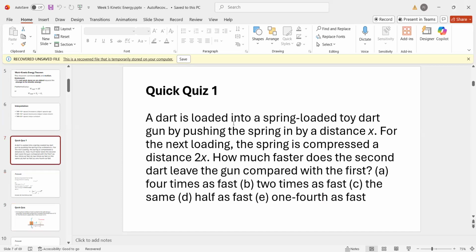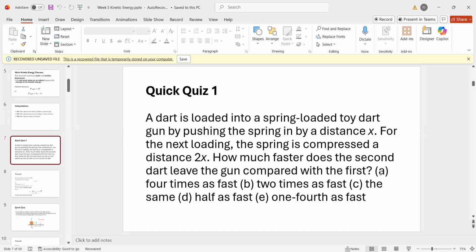The dart is loaded into a spring-loaded toy gun by pushing the spring in by a distance x. For the next loading, the spring is compressed a distance 2x. How much faster does the second dart leave the gun compared with the first?